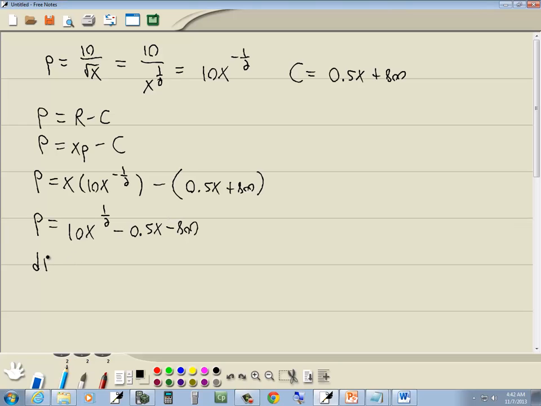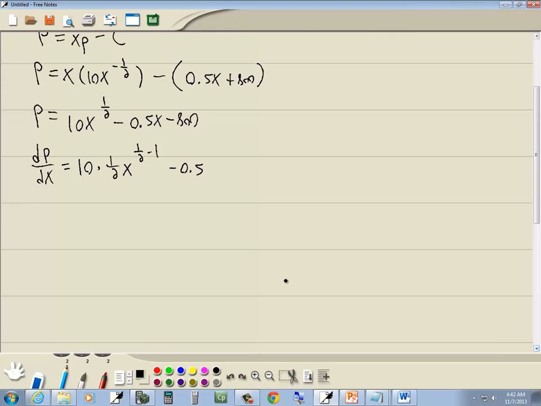Now we're ready to find our derivative. So 10 stays out in front. Take your power, put it out in front, lower it by 1. Derivative of negative 0.5x is negative 0.5. Well, 10 times a half is 5, and then 1/2 minus 1 is negative 1/2. Minus 0.5.